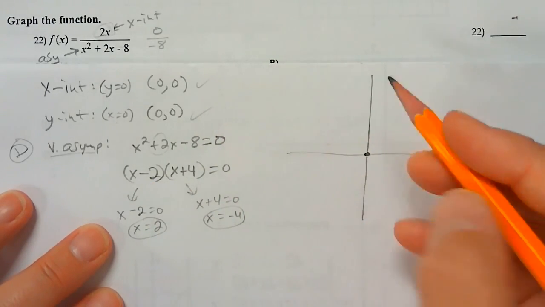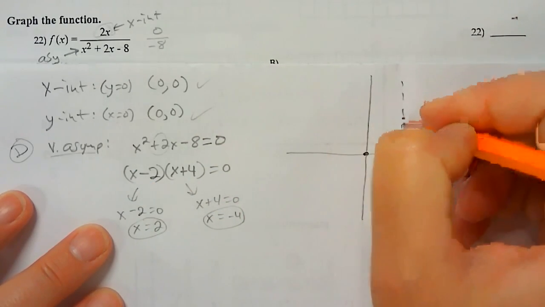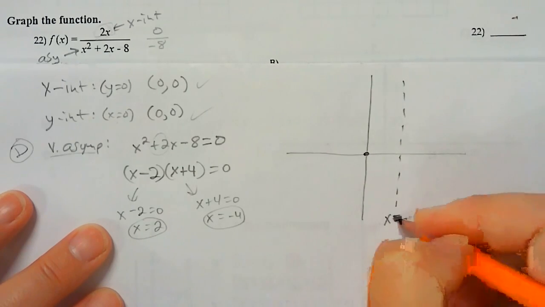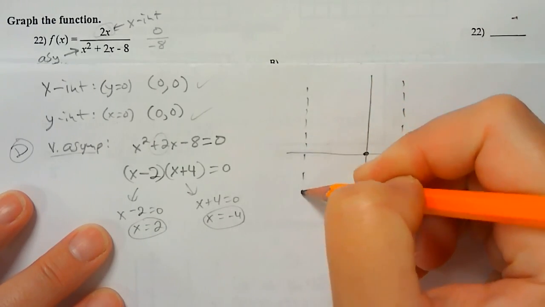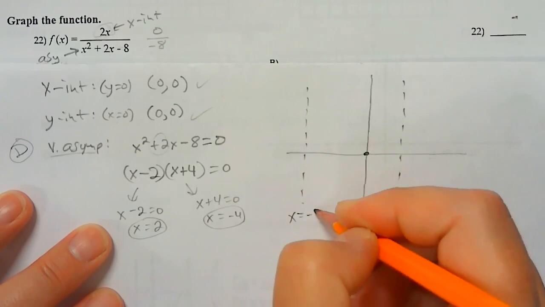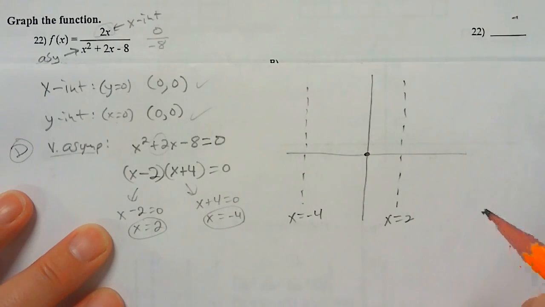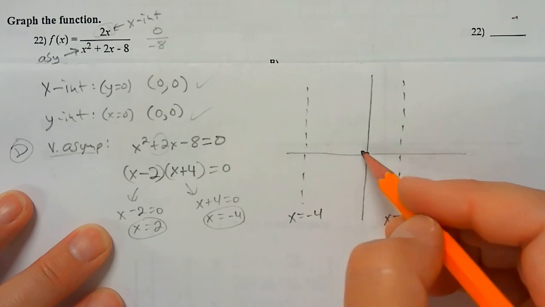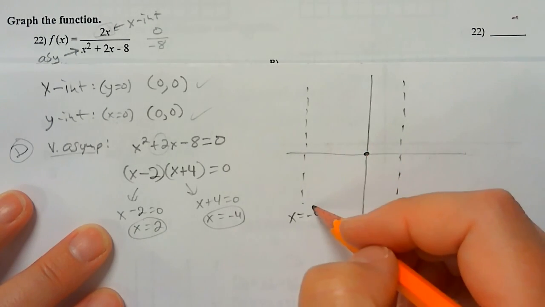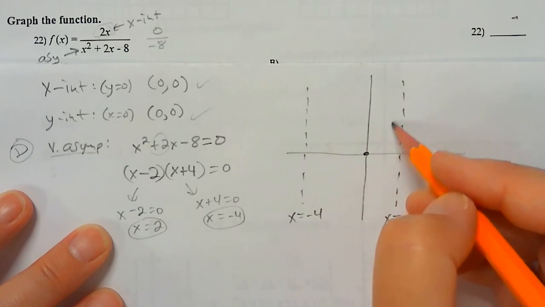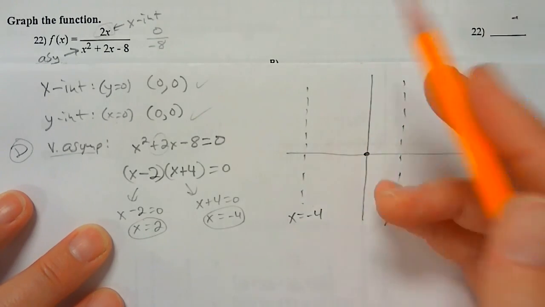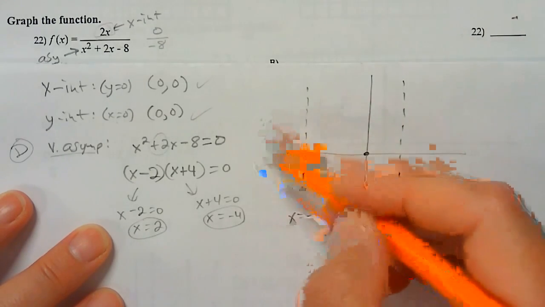Now my asymptotes are at x equals 2 and x equals -4. Now I don't know if this goes up this way or down this way, or it might touch and then bounce back up again. I really need to check these intervals.